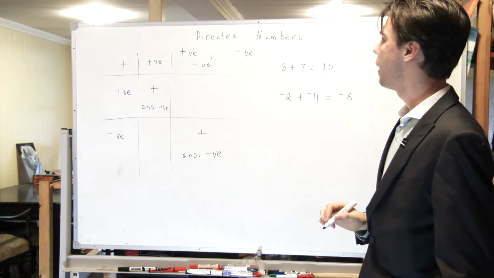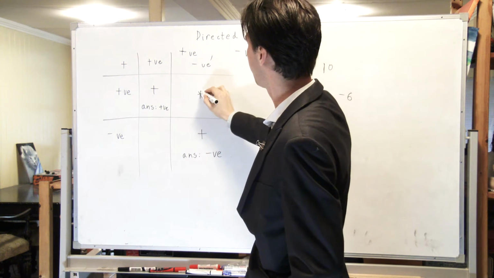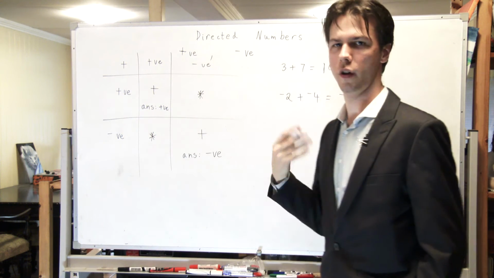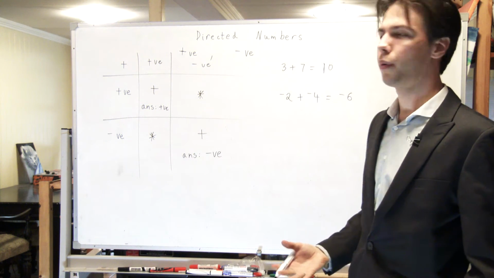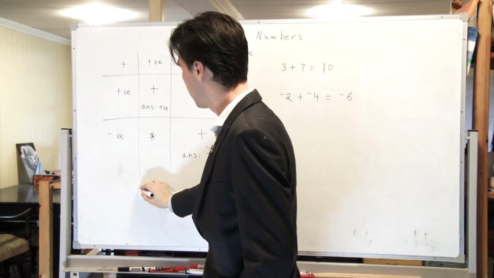Okay, but there's another case, and the other case is when you're adding up two numbers which are of opposite signs. So a positive with a negative or a negative with a positive. I'm going to put an asterisk there because we do the same thing in both cases. And here's what we do.